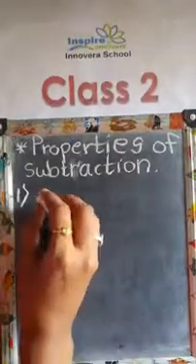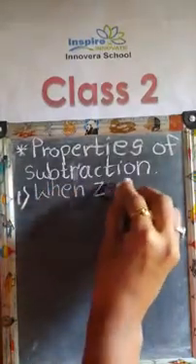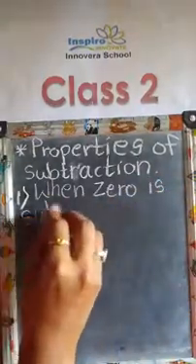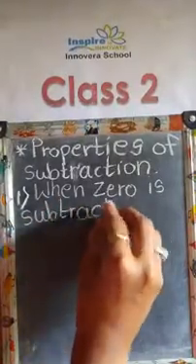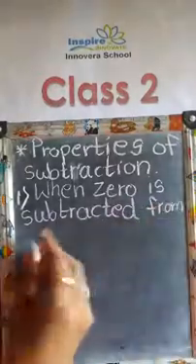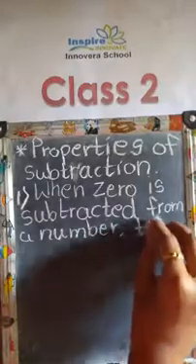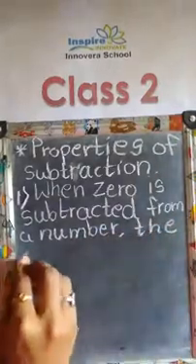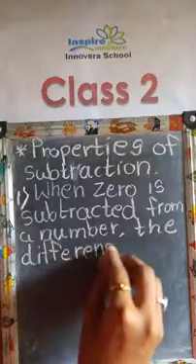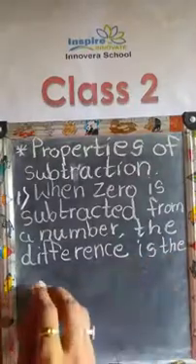Number one is when 0 is subtracted from a number, the difference is the number itself.